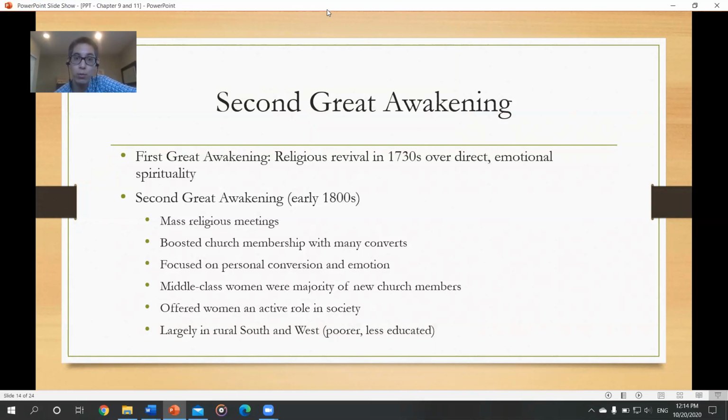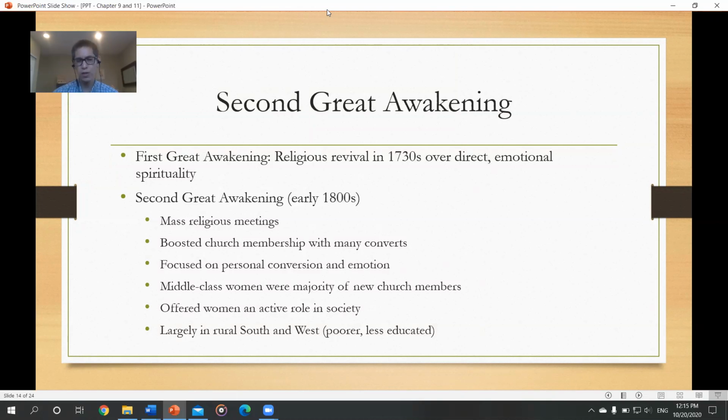So we see mass religious meetings, super large church sessions, or traveling church caravans, essentially, that would give big sermons and things like that. This boosted church membership. Lots of people converted to normally Protestant faiths.